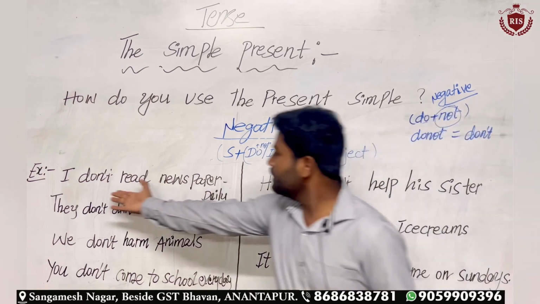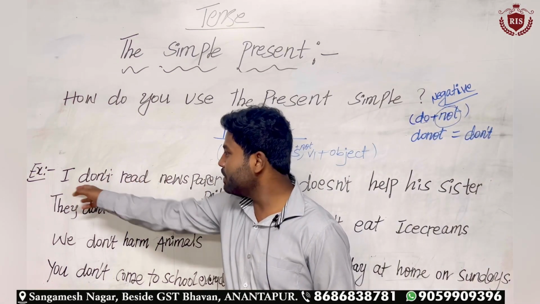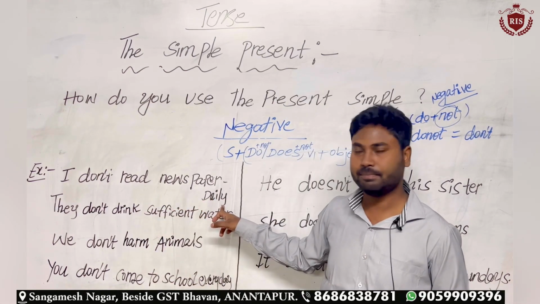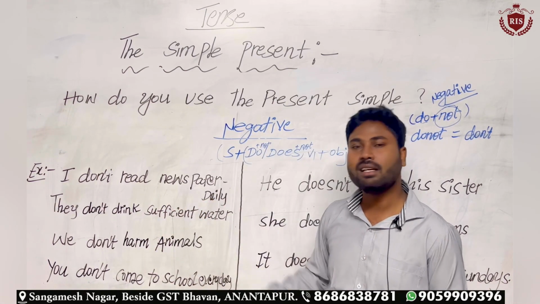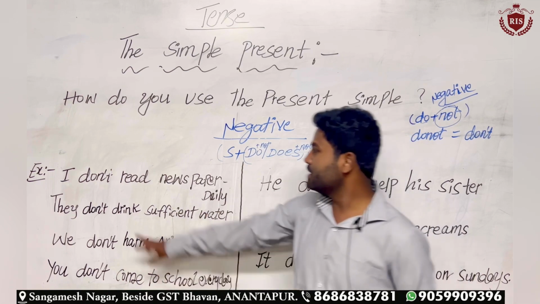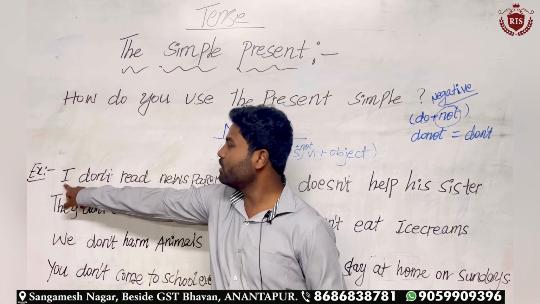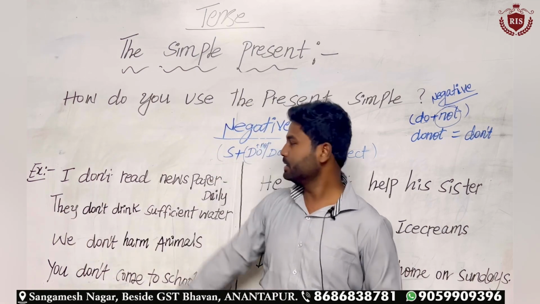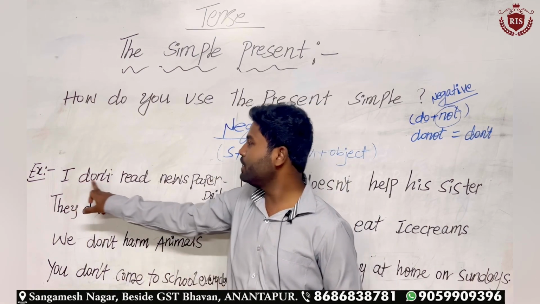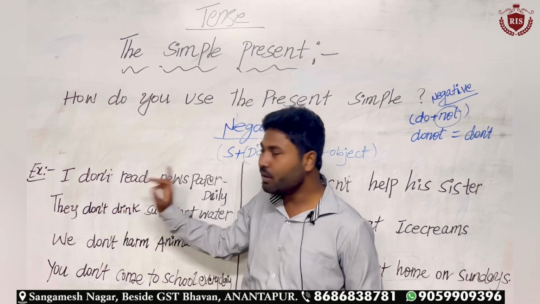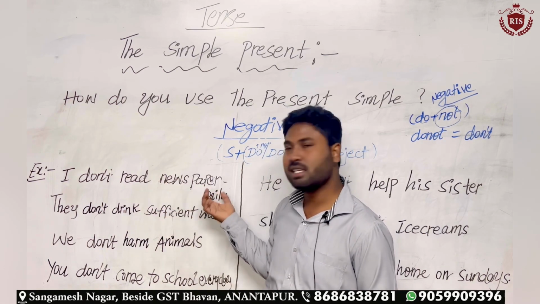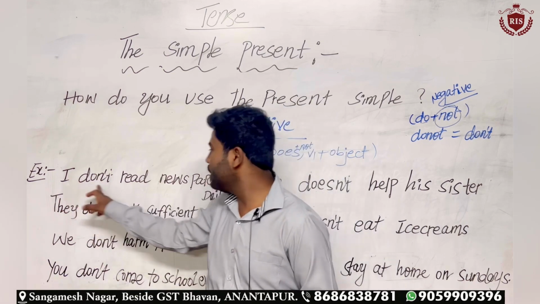I don't read newspapers daily. Okay, this is a negative sentence. Subject we have taken, do plus not, don't, v1 verb, and the object follows as usual.